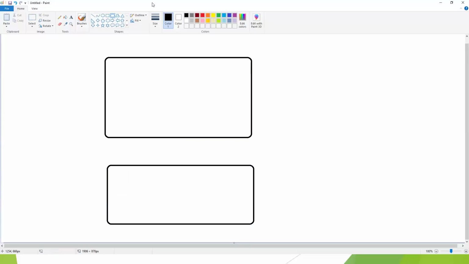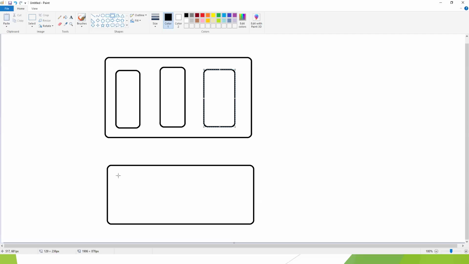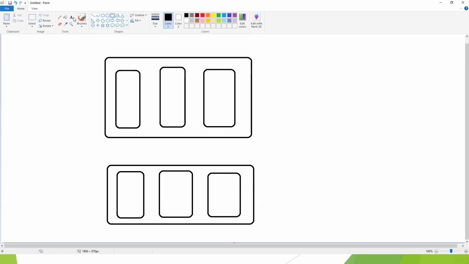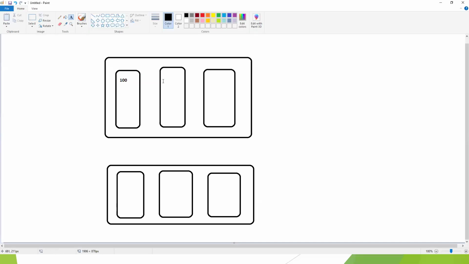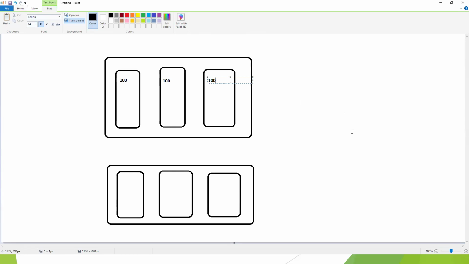Again, going back to the same. Suppose I was talking about these being the schedulers, and these being the Windows operating system, right? Let's say I have 100 threads here, 100 threads here, and 100 threads here.